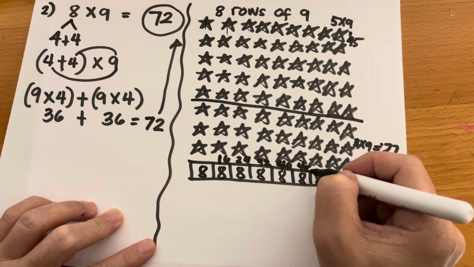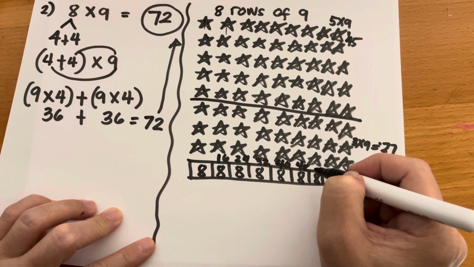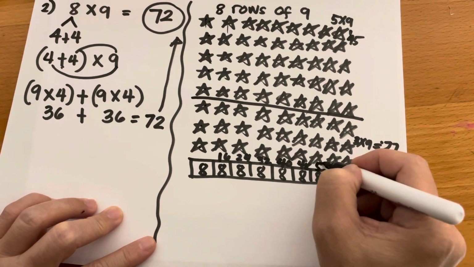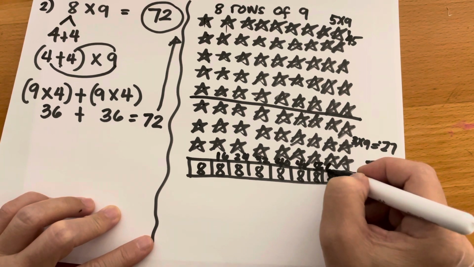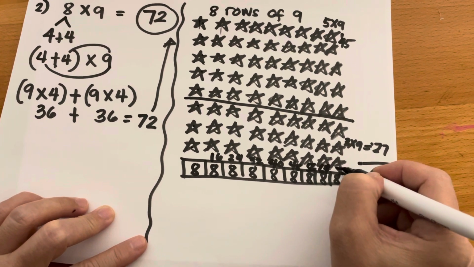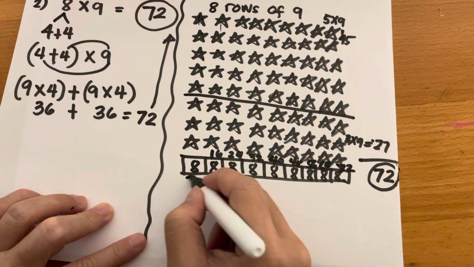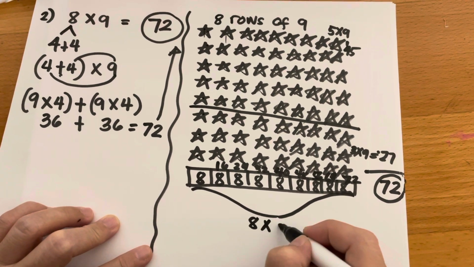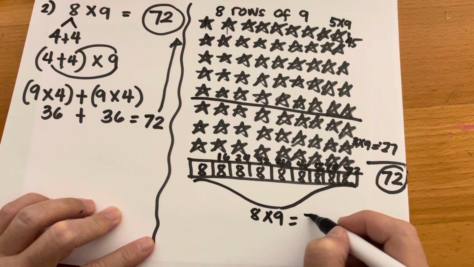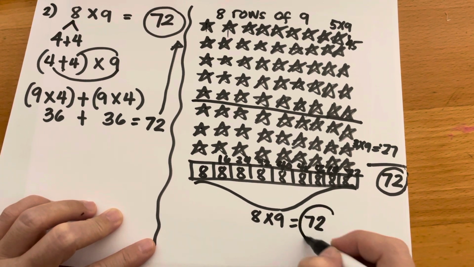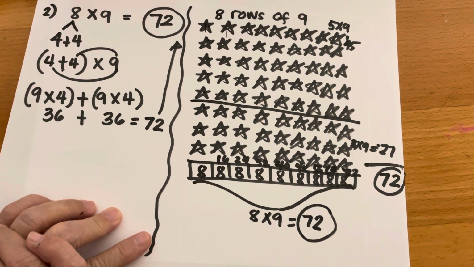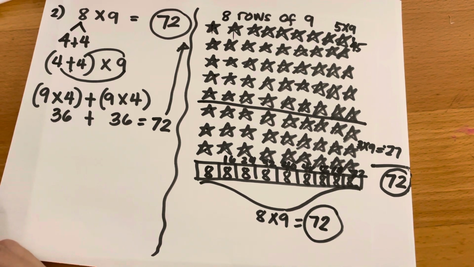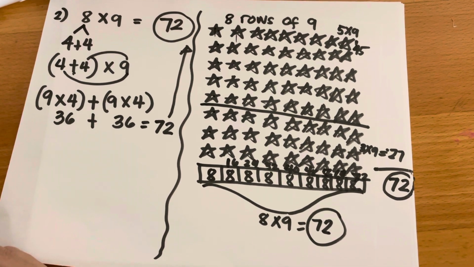Next is 56, right? 64. And 72. So 8 times 9 is 72 using skip counting. Now, do you have any questions?